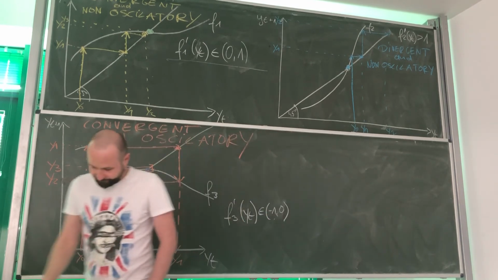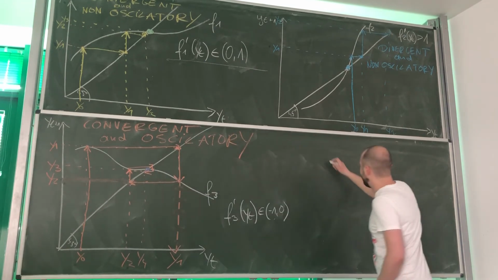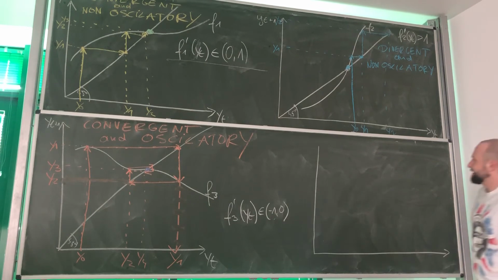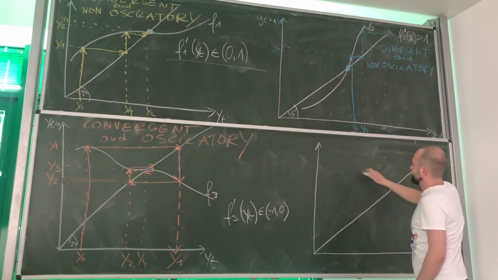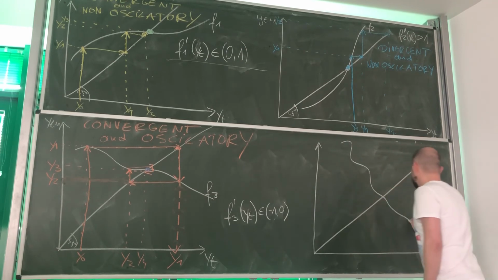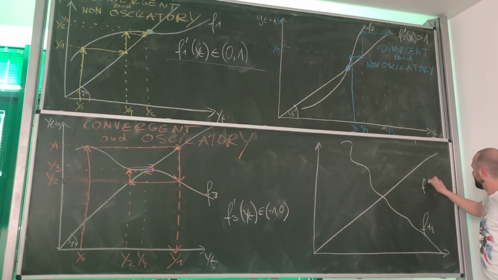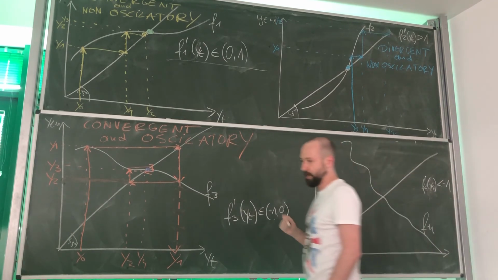Okay, now, finally, the last case is what would happen if we had a line that is downward sloping, however, our F4 has a slope that is lower than -1.